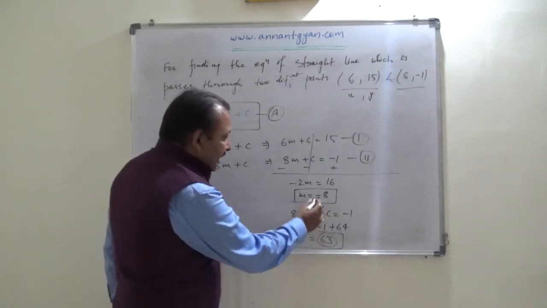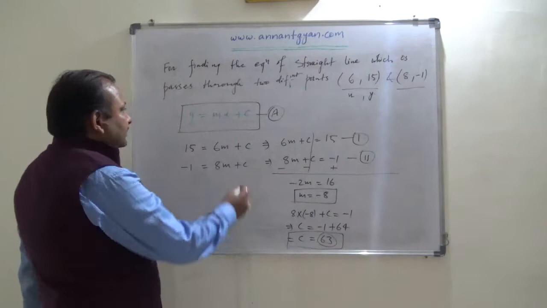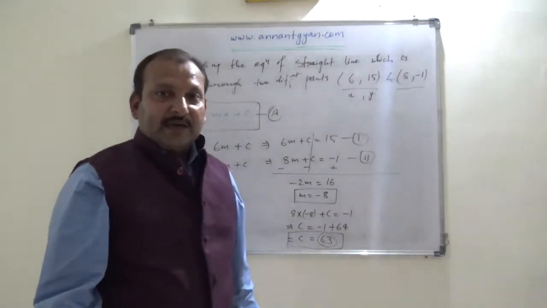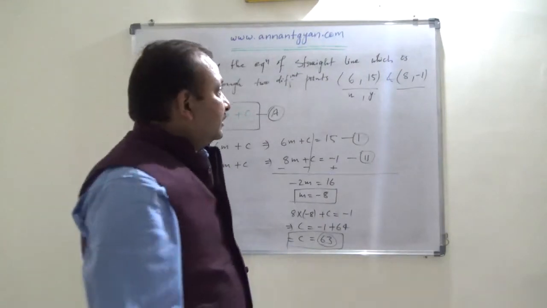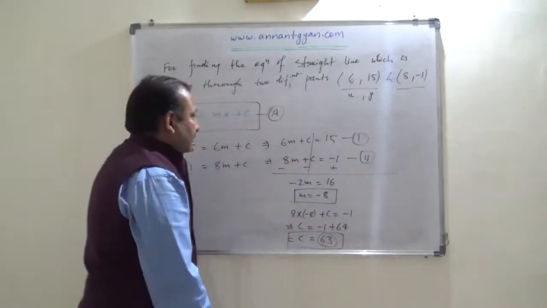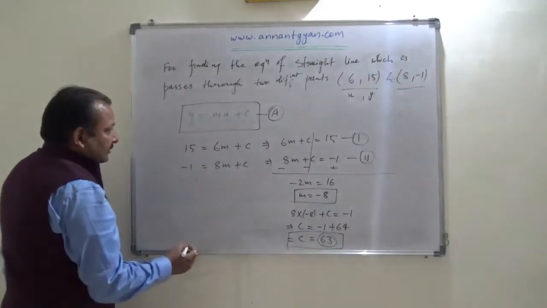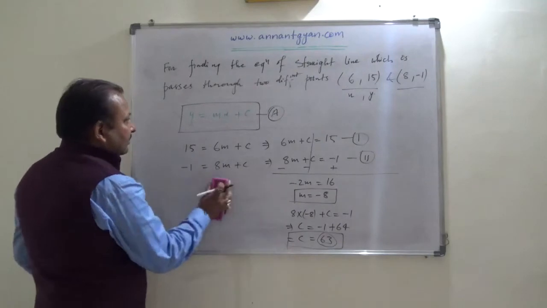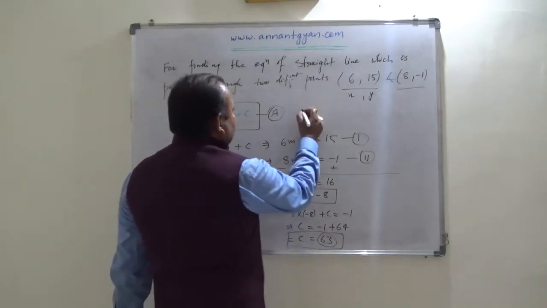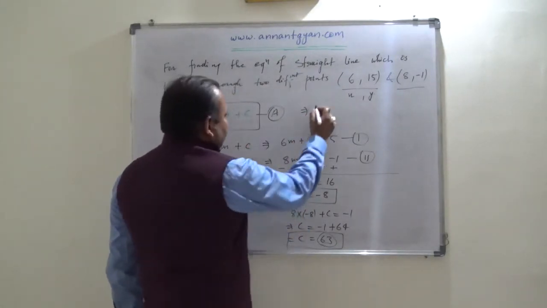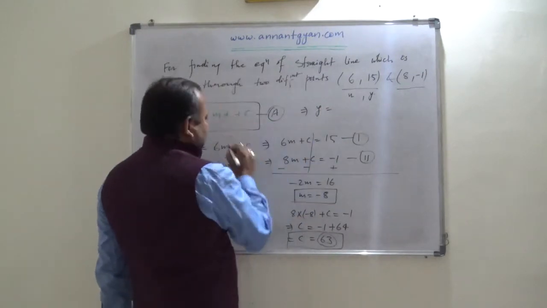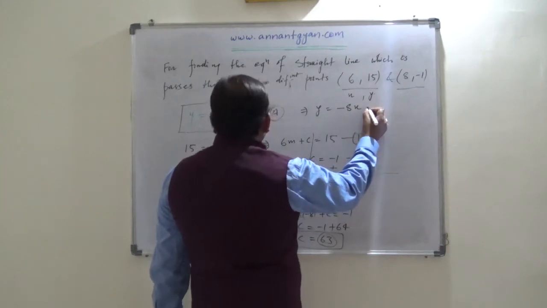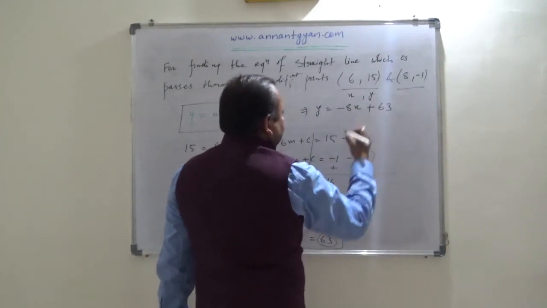Putting the values of m and c in this equation A, we shall get the equation of a straight line which passes through these two different points. So y is equal to mx plus c; m is minus 8, so it is minus 8x plus c, which is 63.